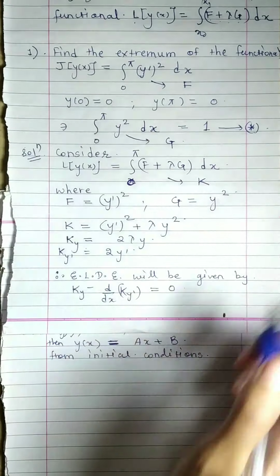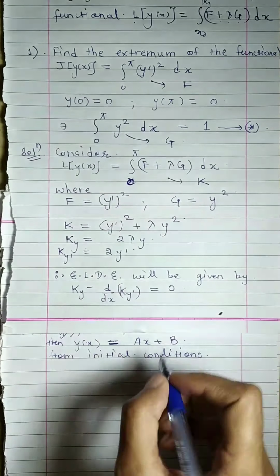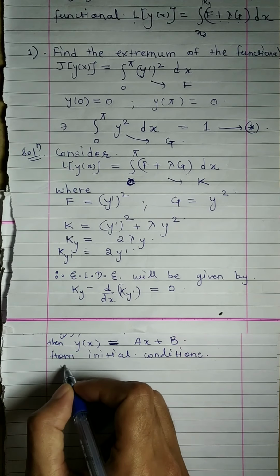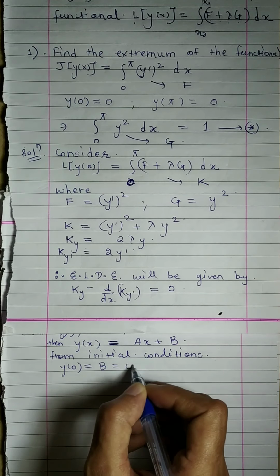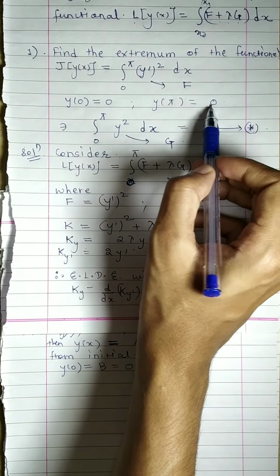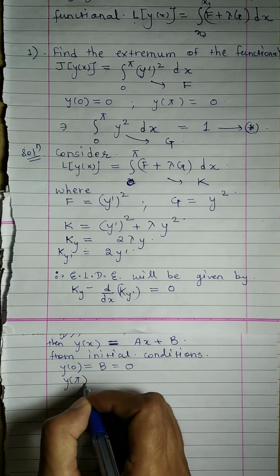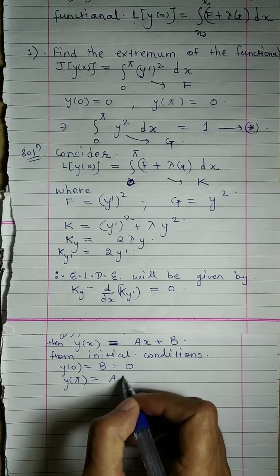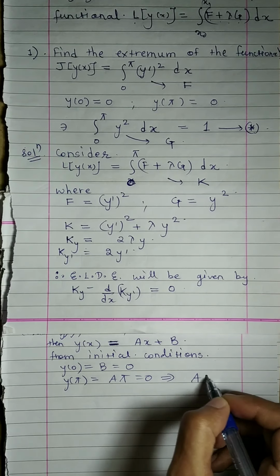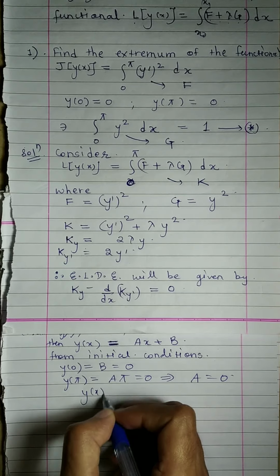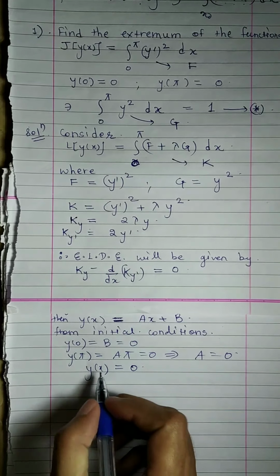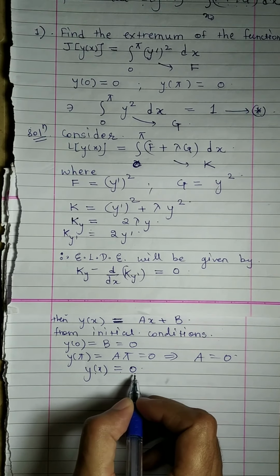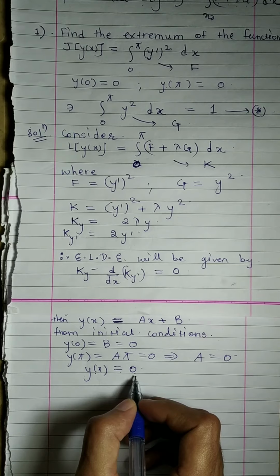So this tells us that y of 0 is equal to 0, which implies b is equal to 0, and y at pi is equal to 0. Y at pi will be a into pi equal to 0, so a is equal to 0. Therefore y of x is equal to 0, that means it is a zero function, identically equal to 0.